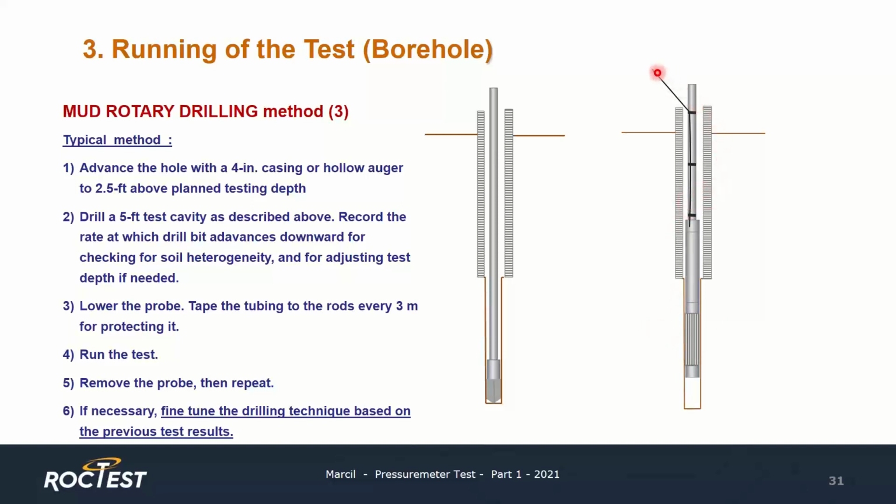You can see that it is a good thing to tape the tubing to the rod for protecting the tubing. The test can then be performed, and this entire process is then repeated. And I mentioned here at the end that it's important to fine-tune the drilling technique based on the results of the test that was just done.